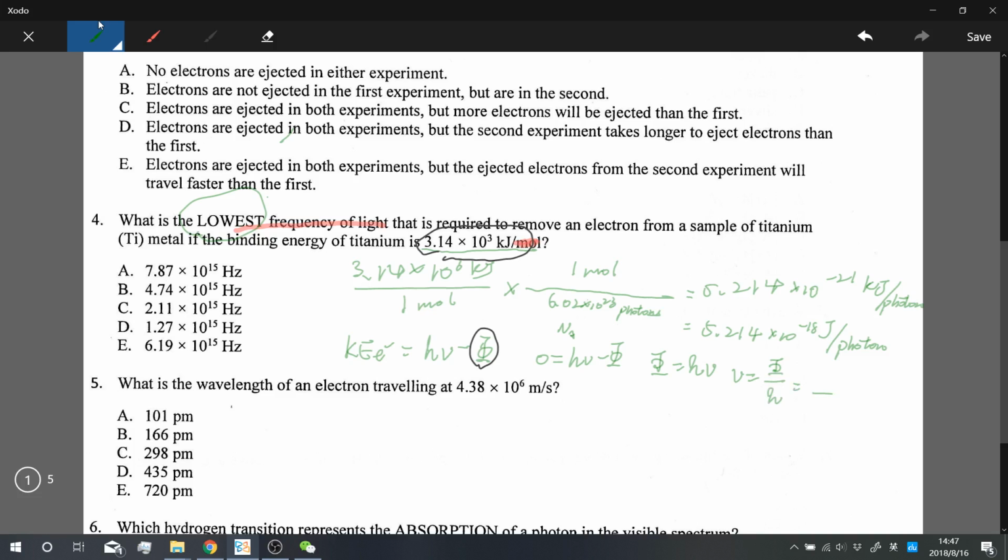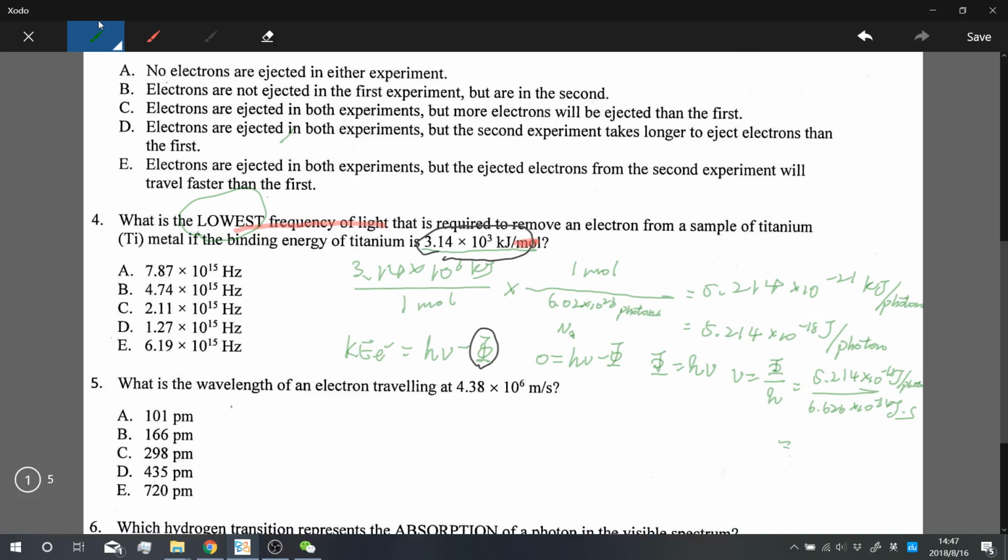The binding energy is the number we get over here, 5.214 times 10 to the negative 18 joules per photon, divided by 6.626 times 10 to the negative 34 joule seconds, which is Planck's constant. It's on your formula sheet. Yes, it is on your formula sheet.